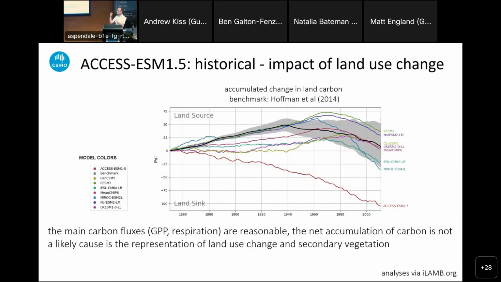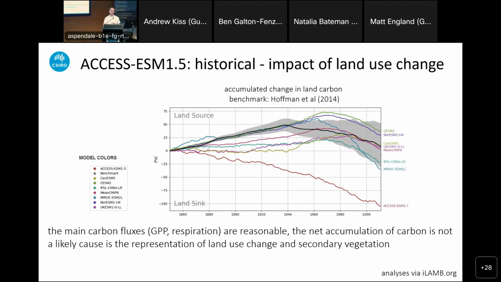What this shows is the net accumulation of carbon by the natural biosphere through time from 1850, according to a subset of the CMIP6 participatory models. The grey bar on there is a reanalysis independent estimate. Most of the models are up the top. ACCESS-ESM is not. It's well outside what we would expect.